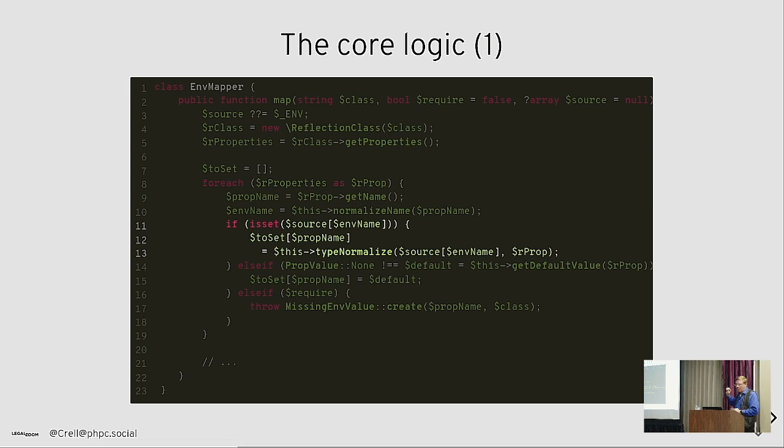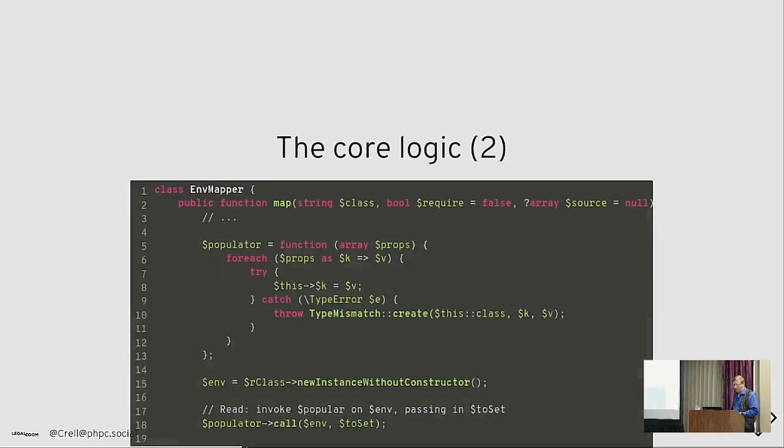And then for each one of those properties, if the incoming data has a matching value, then all right, we normalize the type, because in an environment variable, everything is a string, and assign that to an internal array. If not, we check and see if there's a default value in the constructor of that object. And if so, we can use that. And if not, that's an error.